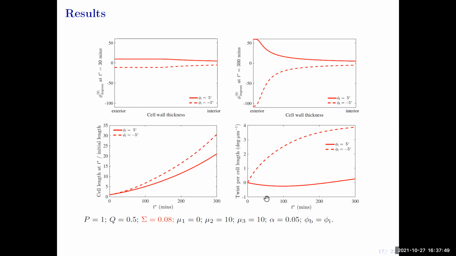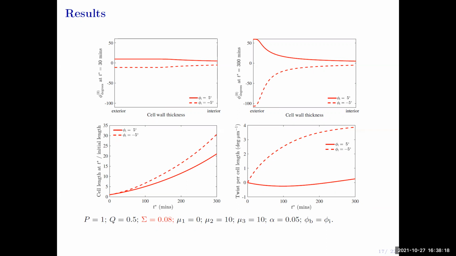Overall, those two effects almost cancel out, and you just end up with a cell that pretty much grows without twisting. So we think this gives you a clue into how the organism might coordinate cellular growth in terms of twisting one way or another, or no twist at all.